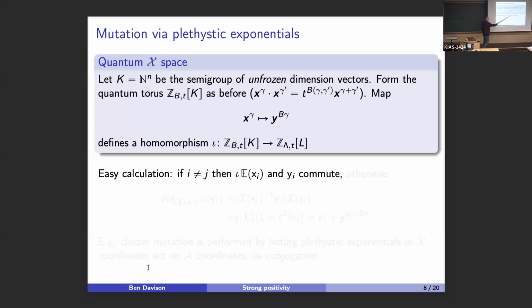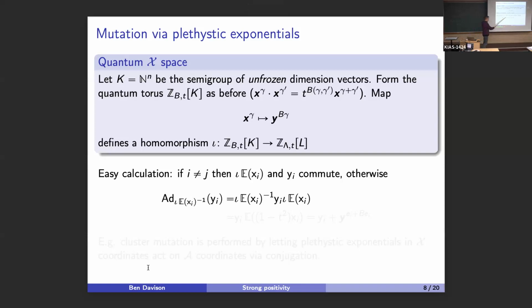Then that expression commutes with y_j if, oh dear, one of these has to be a j. Let's say this one's j. Sorry, should be a j. So if i is not equal to j, then this horrible expression commutes with y_j. Certainly does not commute with y_i.